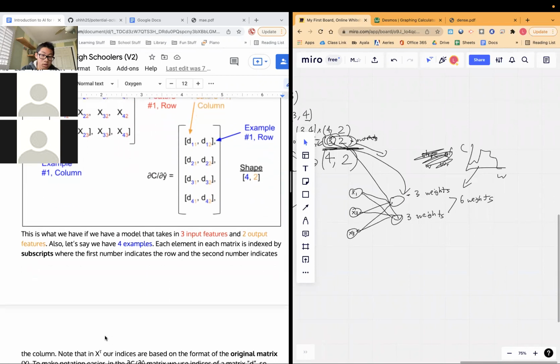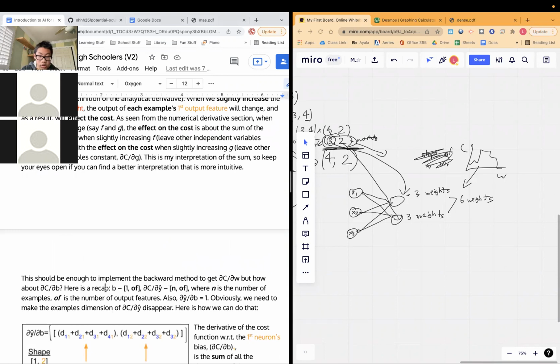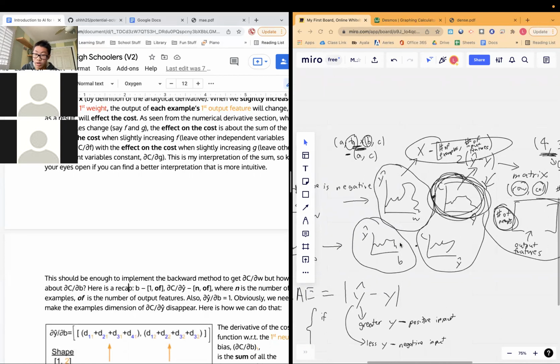Now the bias is much easier because the bias has an x times 1. You remember how over here this is 1 and this is x, right?